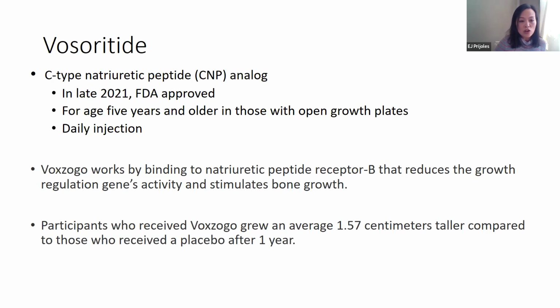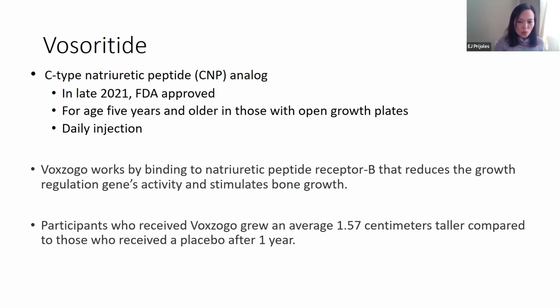And this involves a daily injection, but it works by regulating the gene's activity and stimulating bone growth. And in the trials, participants that took this drug over a year period had about a 1.5 centimeter improvement in growth compared to those who received a placebo.